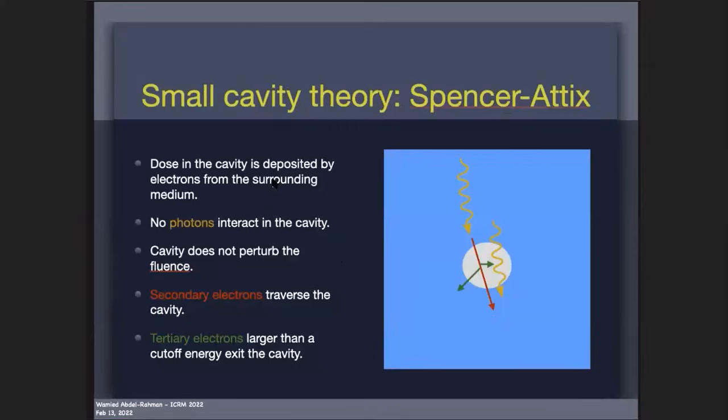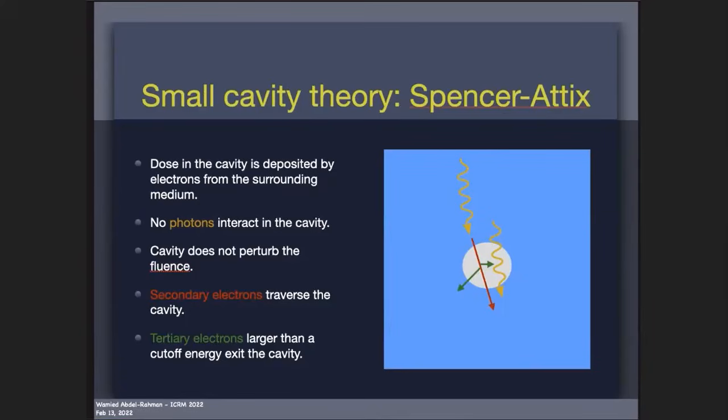Then Spencer-Attix suggested that the Bragg-Gray cavity theory actually overestimates the dose. Some of these tertiary electrons will have sufficient energy to exit this cavity. So the dose that is going to be in the cavity is actually less than that predicted by the Bragg-Gray theory.